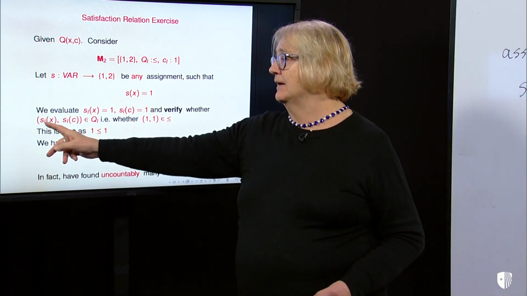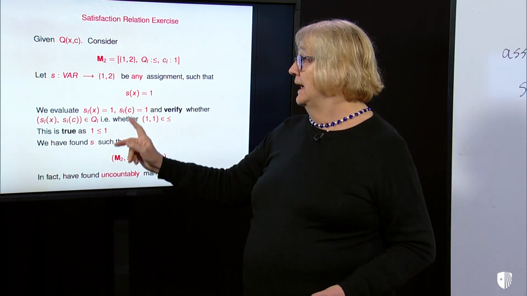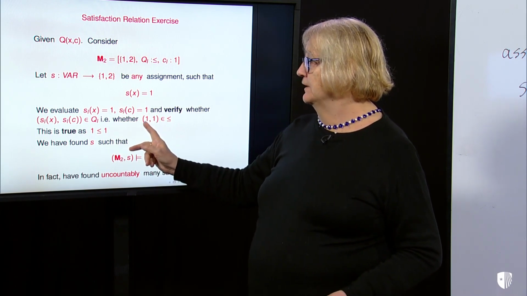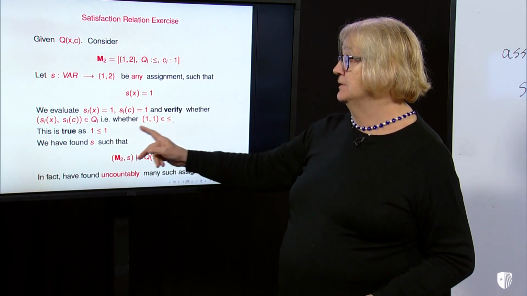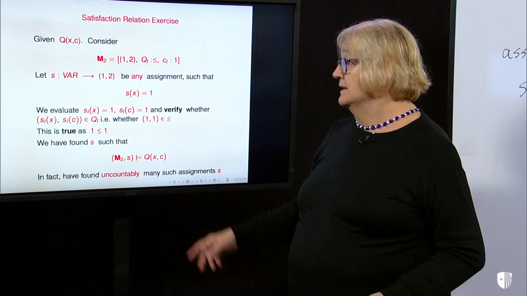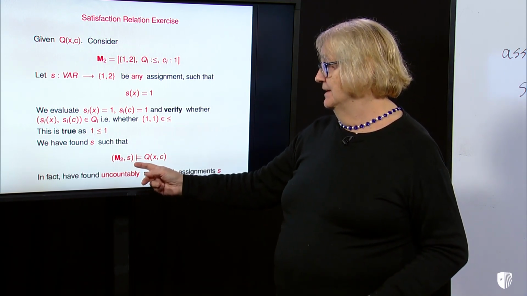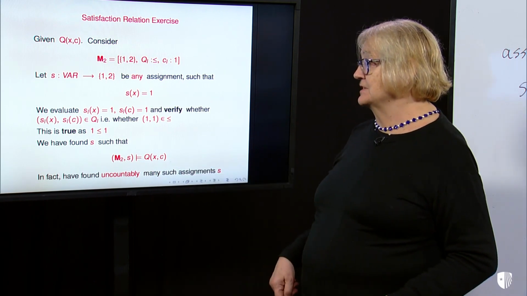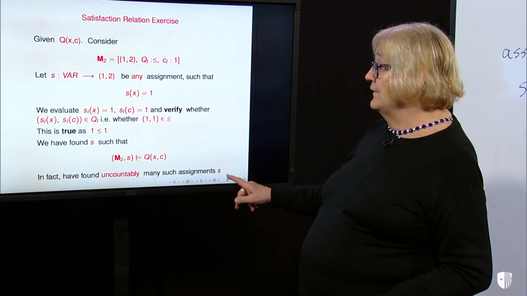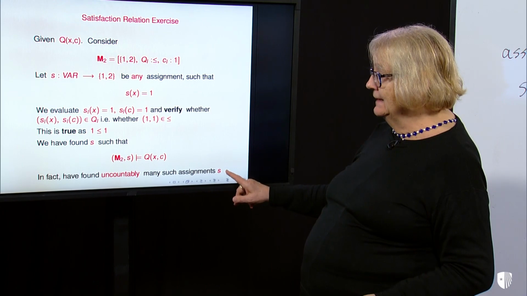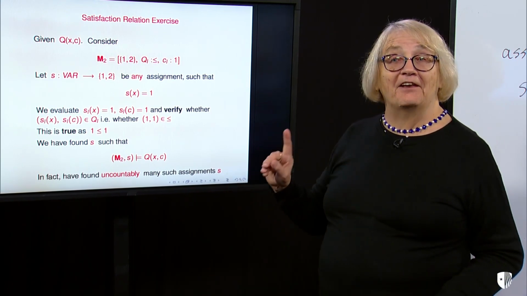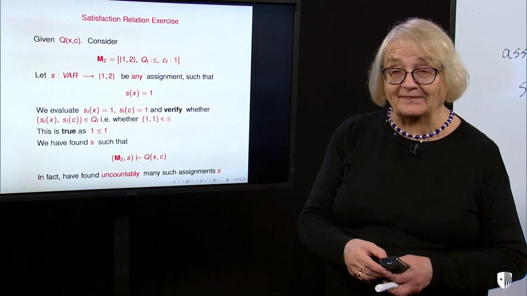I put c is 1, so 1, 1 belongs to less equal. It means 1 less equal 1. So we have found such an S that S satisfies. And in fact, we found uncountably many such assignments, and think why I wrote this sentence.